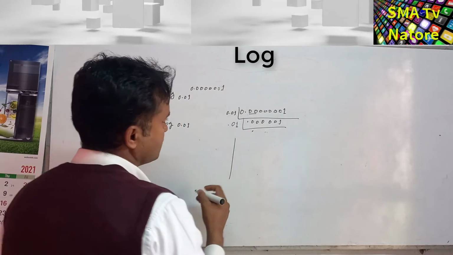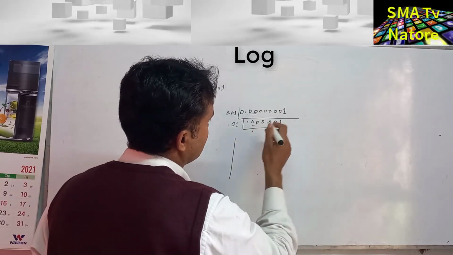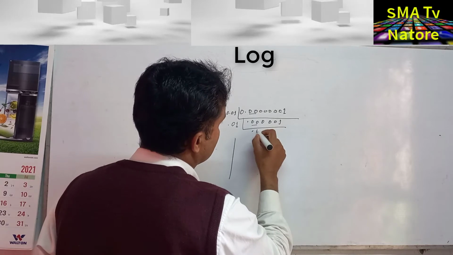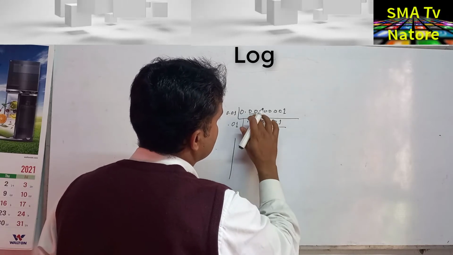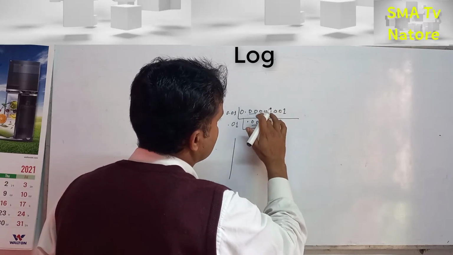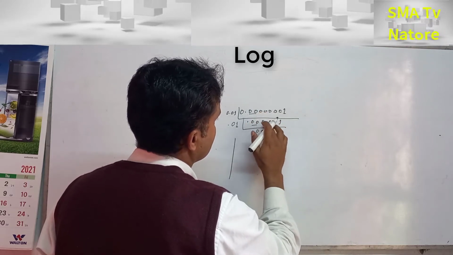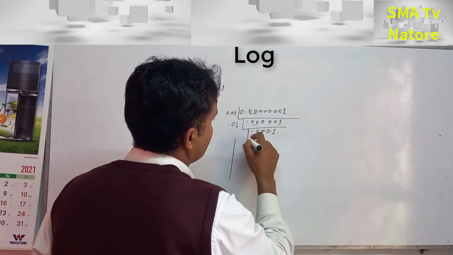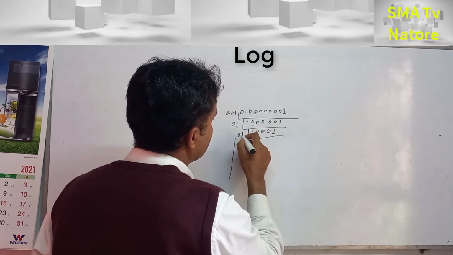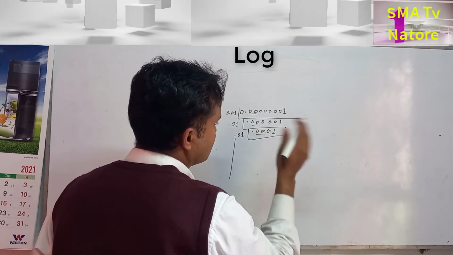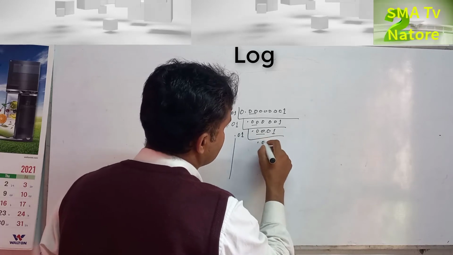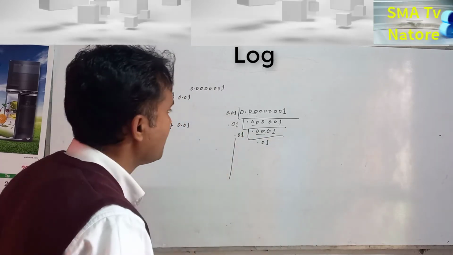Point. So this 2 has gone, next one 1 2 3, so 1 2 3, because this first 2 has gone, next one is 2, next one is this one. Again if you divide by 1, then 2 has gone, next one is 0.01. So how many 0.01?